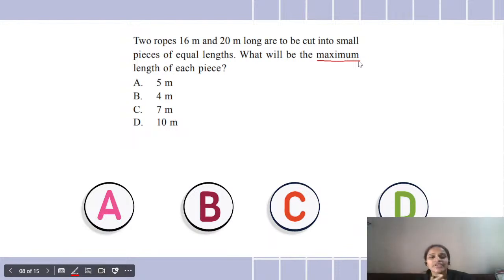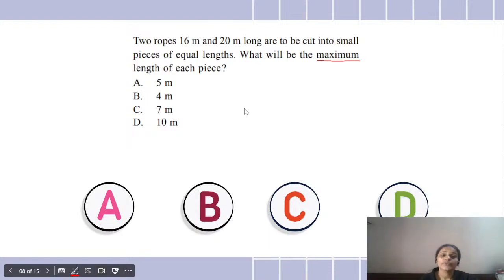Yes, Ritika, we can type it once. More than enough. Yes, Satish says we have to find the HCF. Okay, we will get to know in a while. Okay. Someone else also has given the answer B. Yes, Devyanshi also gives the answer B.